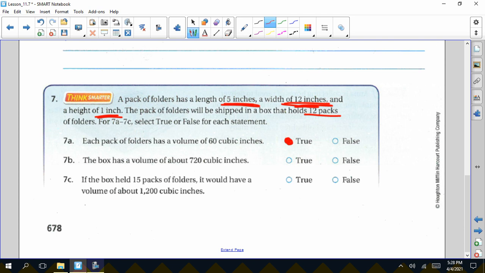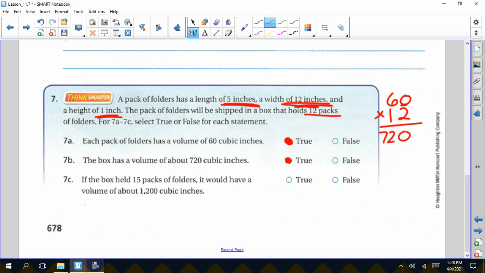cubic inches. We then take the 60 cubic inches times 12, and when you do that, 6 times 12 is 72, add the 0, the volume of all of the packs is 720 cubic inches.